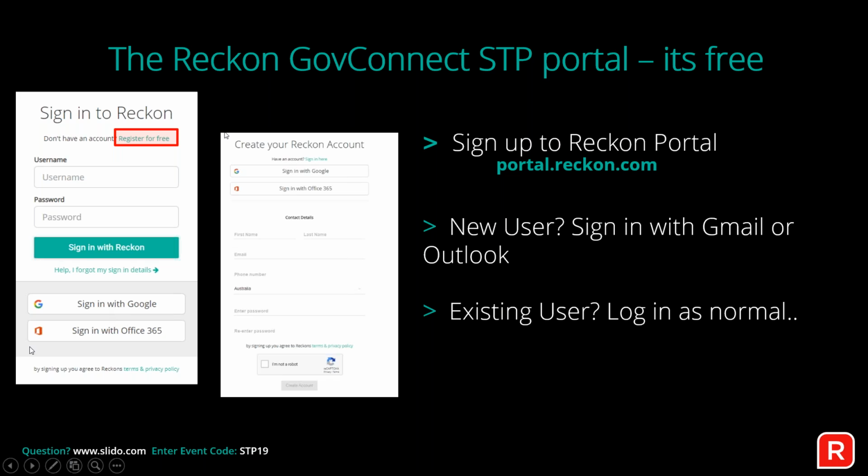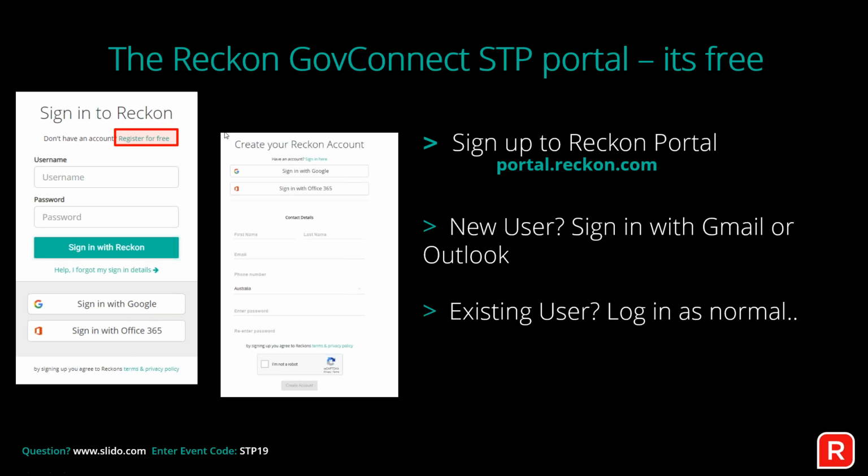What that basically means is if you have a Gmail account, you can use your existing credentials to sign in. If you have a Microsoft or Outlook account, again, you can use your existing credentials to sign in to the portal.